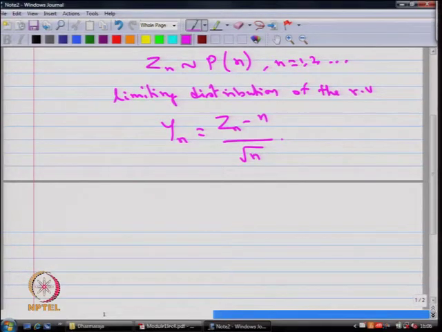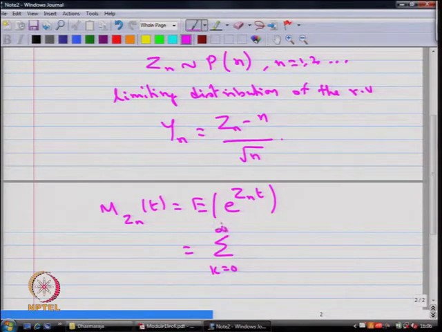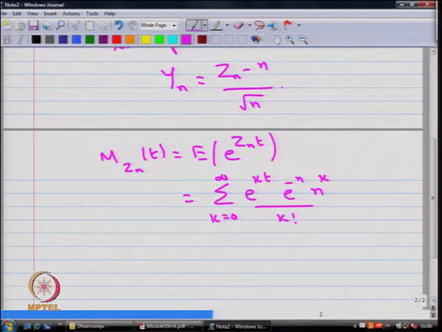we can find out the MGF of Zn. MGF of Zn is nothing but expectation of e power t Zn, that is same as summation k equal to 0 to infinity e power kt e power minus n n power k by k factorial, because Zn is Poisson distributed with the parameter n.